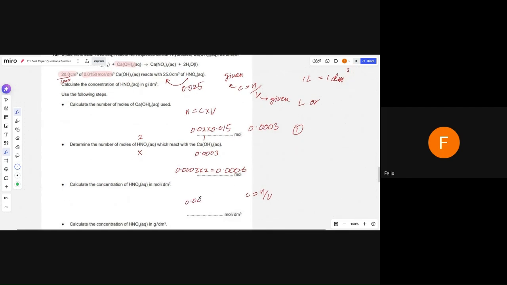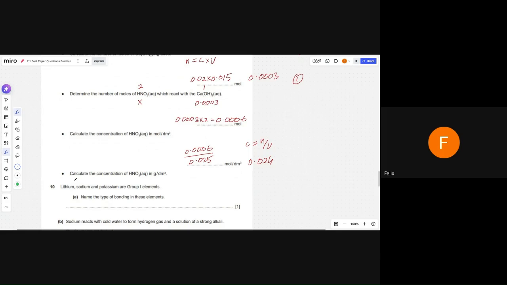So 0.0006 divided by 0.025, that's going to give you the concentration, and that's going to give us 0.024. So 0.024 is the answer.